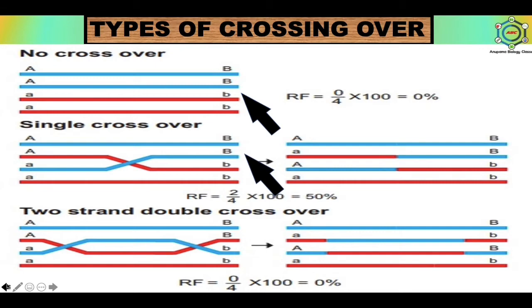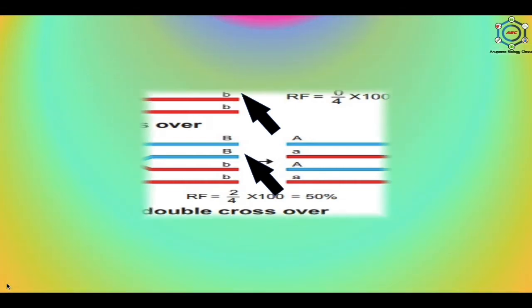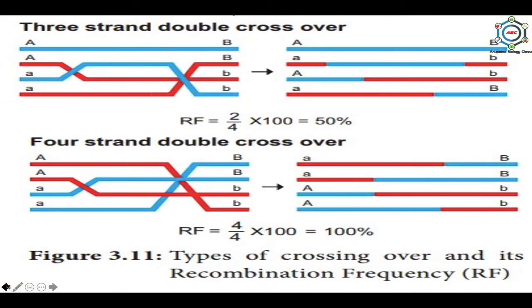While in case of double crossover, the two chiasmata are formed and hence the two crossing overs occur at 2 points in the same tetrad, and this type of crossing over is less frequent. After this, now here you can see there are two types of cross, that is 3-stranded and 4-stranded.